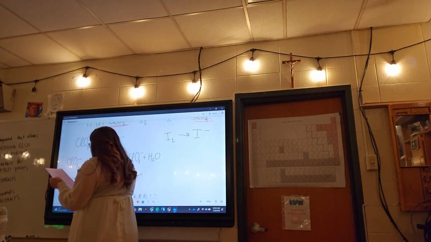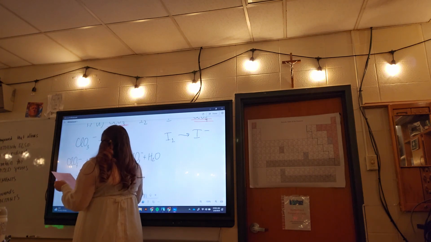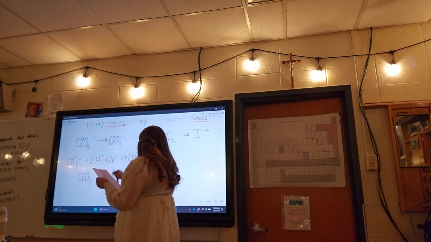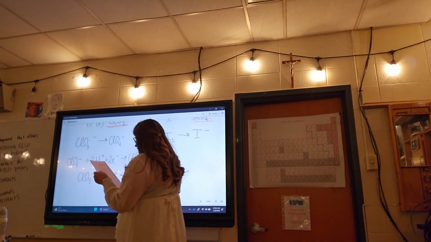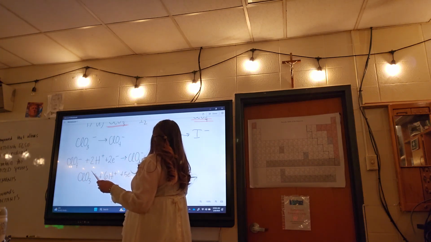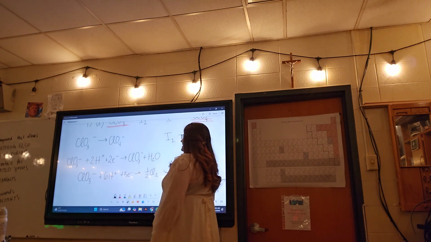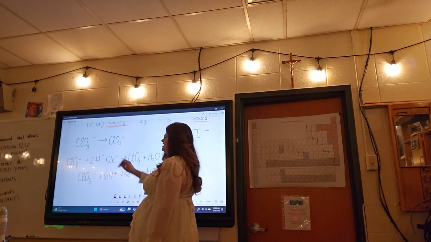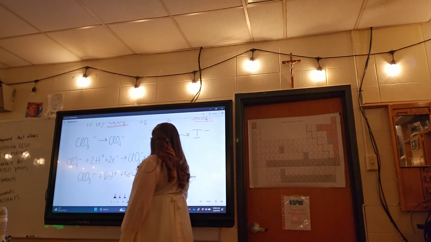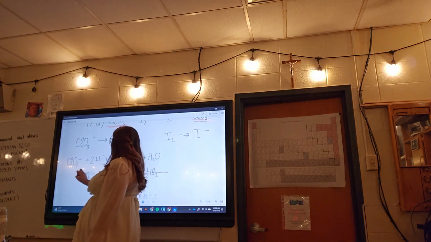And so this was all okay. Nothing in there about the H pluses. Oh, and then it's got the 5 electrons. That's fine too. Doesn't matter. But then it has 1/2 Cl2. And that doesn't appear in this reaction at all. So that's how I knew that I couldn't use this as my option.